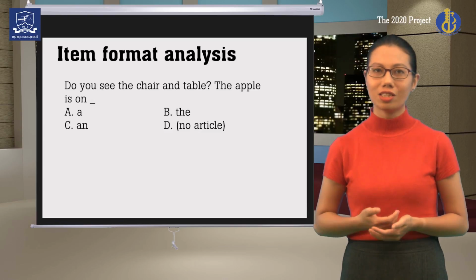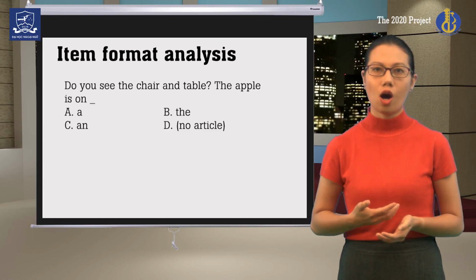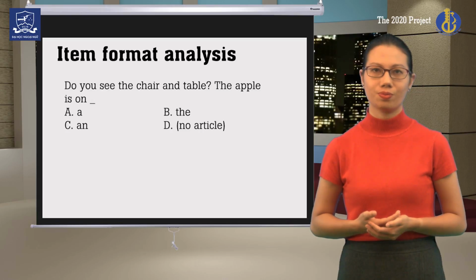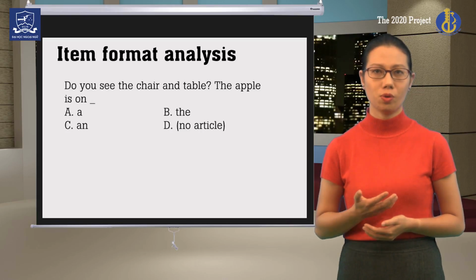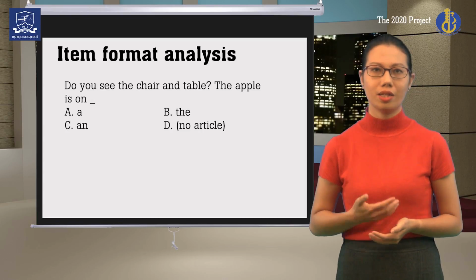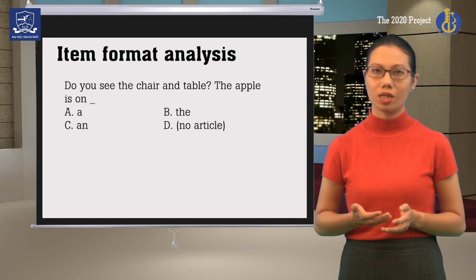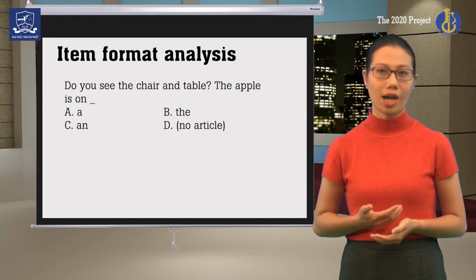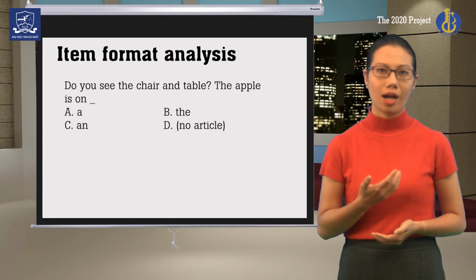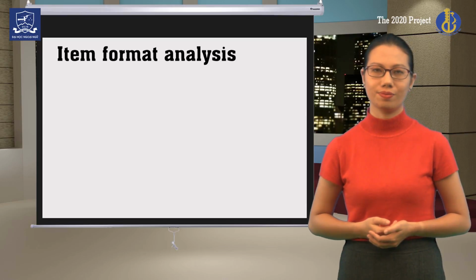Now, the first sentence makes the only correct answer. The item has been reworded to avoid difficult, distracting words, and the word table is moved up into the main part of the item, so it is not repeated 4 times in the A to D options.